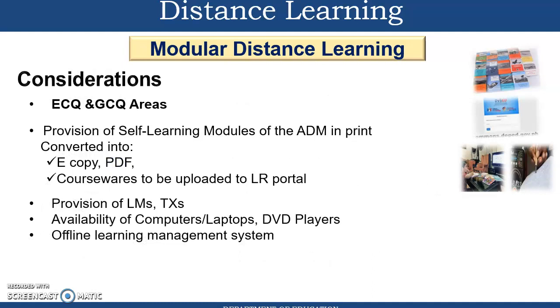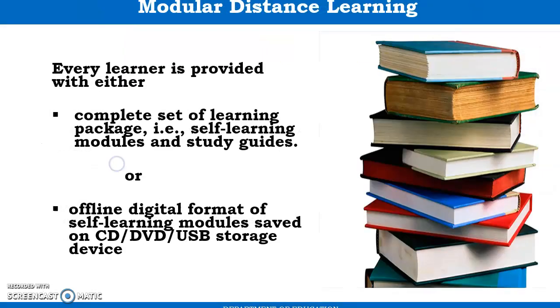What can be considered in a modular distance learning? First, our learners should have the self-learning modules of the ADM in print, converted into an e-copy or PDF, which can be sent to them through email or other social media platforms. A courseware to be uploaded at the LR portal, or a provision of learners' materials and textbooks, and probably availability of computers and laptops if they are using the digital copies of the modules.